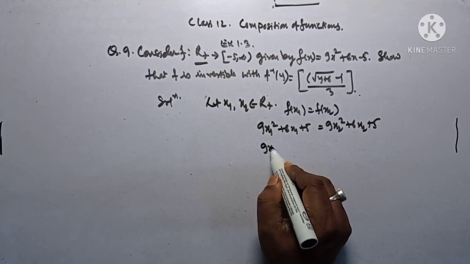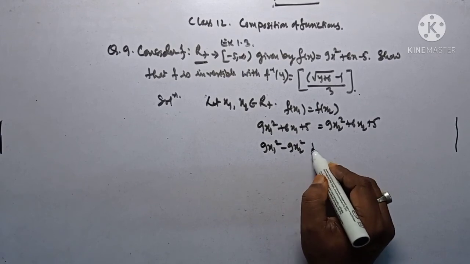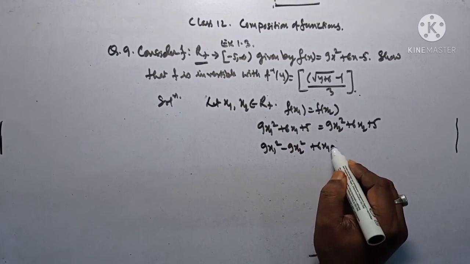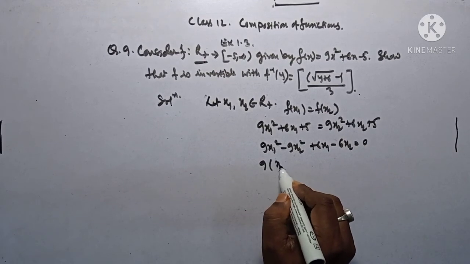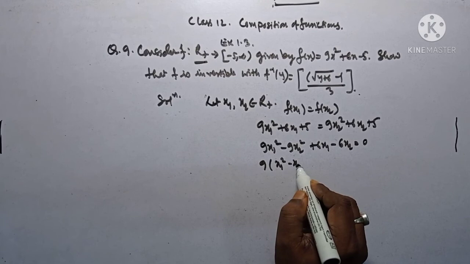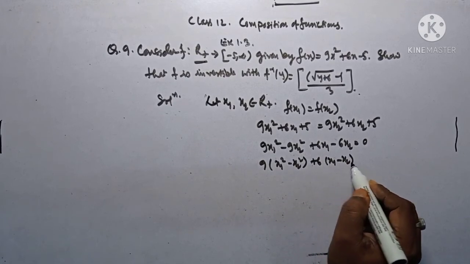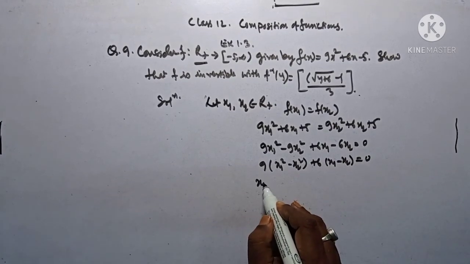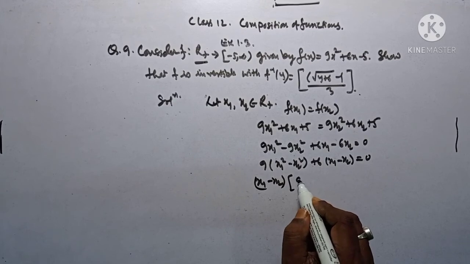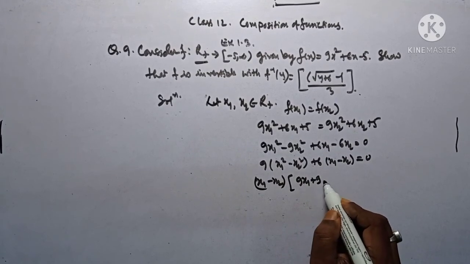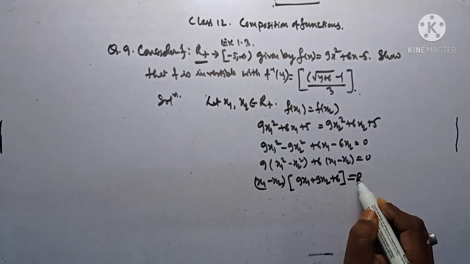So 9x1 square minus 9x2 square plus 6x1 minus 6x2 equal to 0. So here 9 common, x1 square minus x2 square, here 6 common, so x1 minus x2. Here x1 minus x2 common, it is left with 9x1 plus 9x2 plus 6.